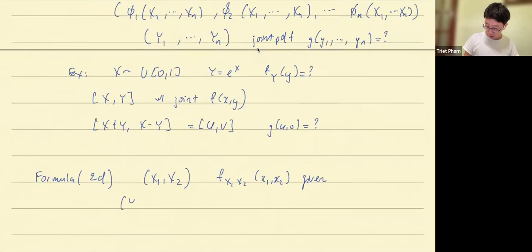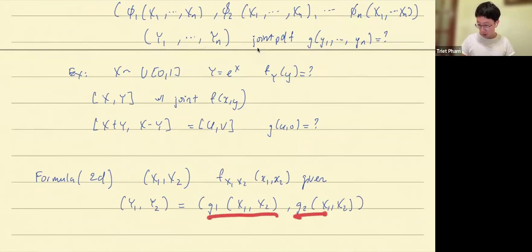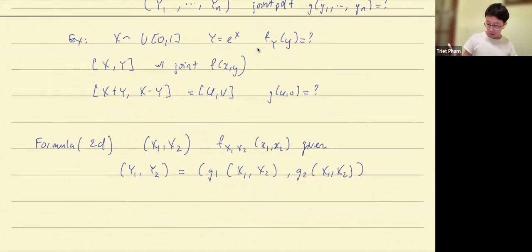You have Y1, Y2, which are g1 of X1, X2 and g2 of X1, X2. So these are the maps, like x plus y, x minus y, x1 plus x2, x1 minus x2, etc. Then the joint density of Y1, Y2 will be the original density of X1, X2.